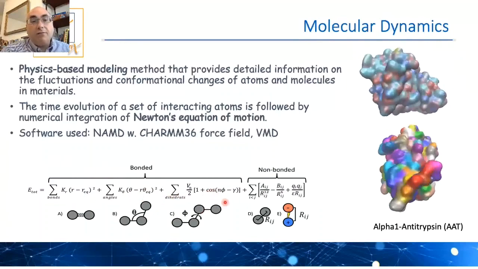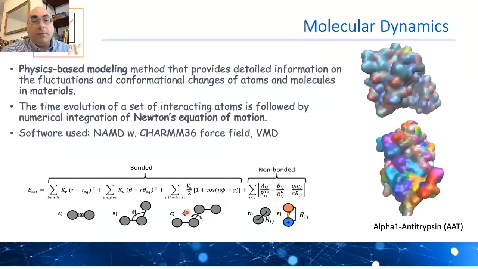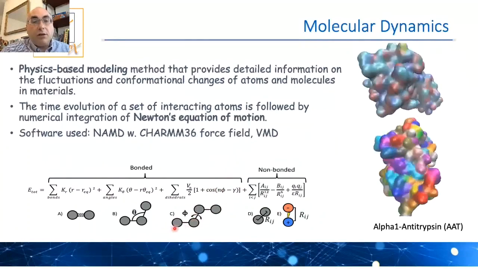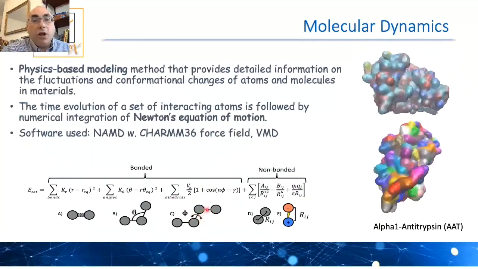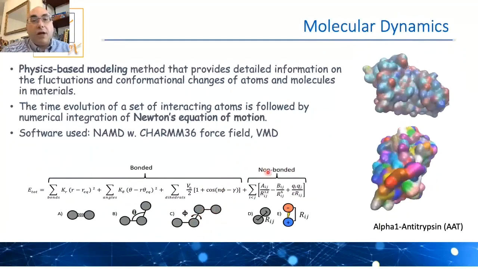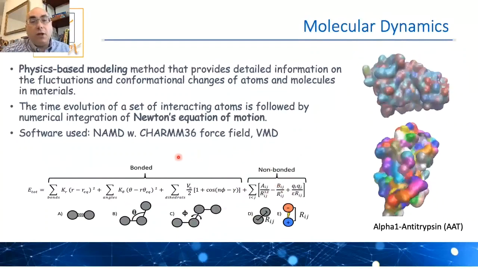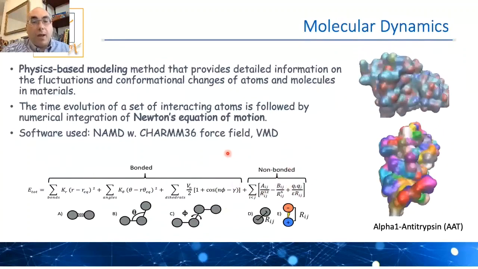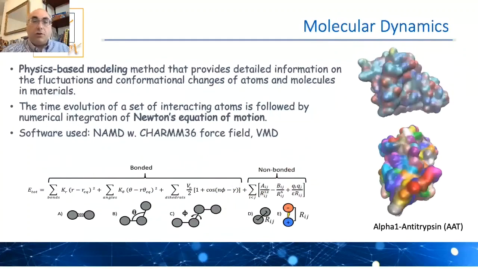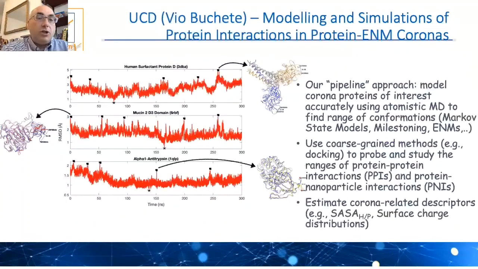We can also have dihedrals, which are illustrated here, representing the relative conformation, relative positions of atoms, of each and every atom in our protein. And we have non-bonded terms of the Lennard-Jones and the electrostatic type as well. There are other additional terms, but it's not the scope of my talk to get into much detail.